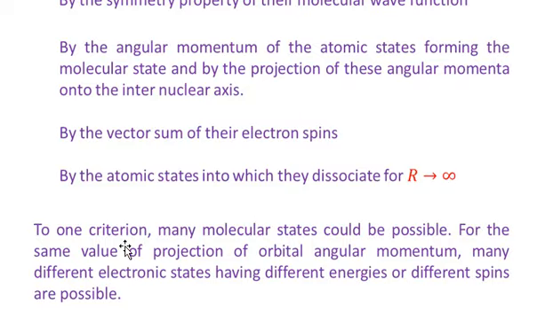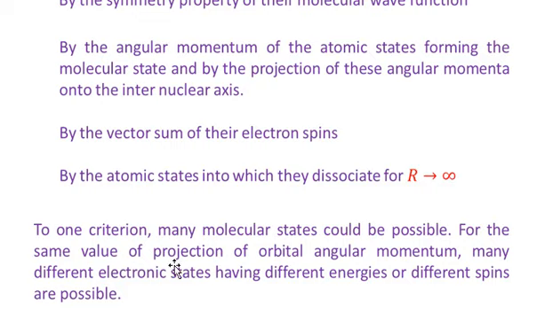One criterion, many molecular states could be possible. So you see that under all these criteria that I have discussed, corresponding to each individual criterion, many molecular states could be possible.